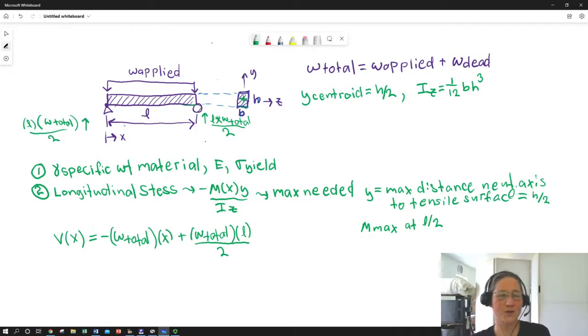Our shear would go to 0 in the middle of the beam, and it is going to be maximum right beyond the supports at either end. If we put in L, we have negative L plus L over 2 times the total distributed load, or if we put in 0, we just have L over 2. Same magnitude.